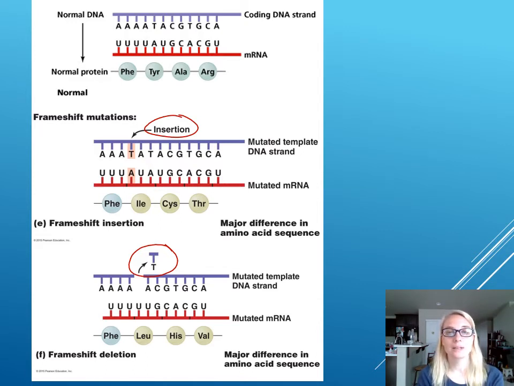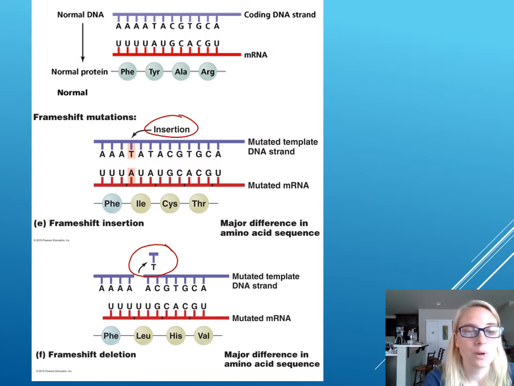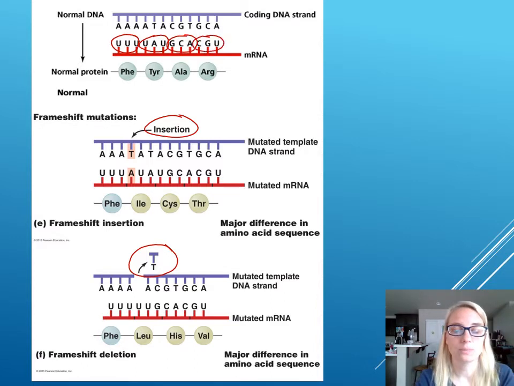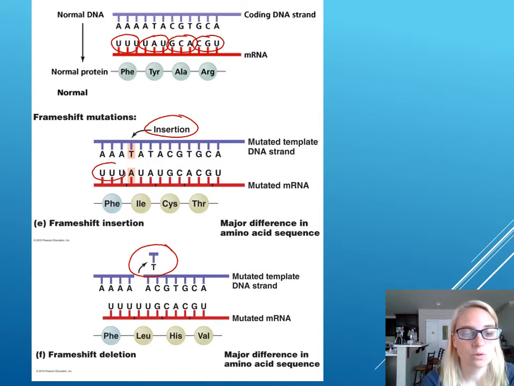Now, what this does is it shifts the reading frame for the ribosome when it starts bringing in the correct amino acid, what the tRNAs are going to recognize with their anticodons. So if you remember, we had UUU, UAU, GCA, and CGU. Those are the normal codons. All right, so here's our first one, UUU, that's the same.